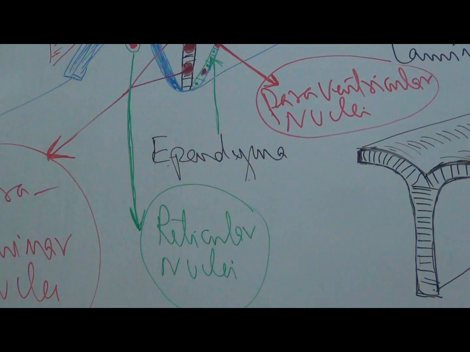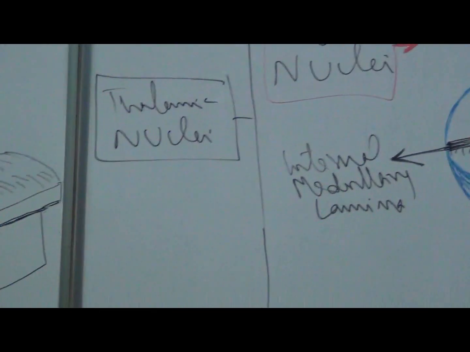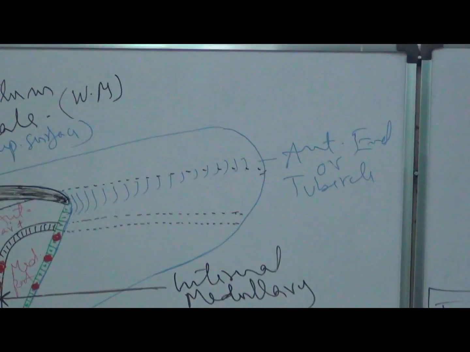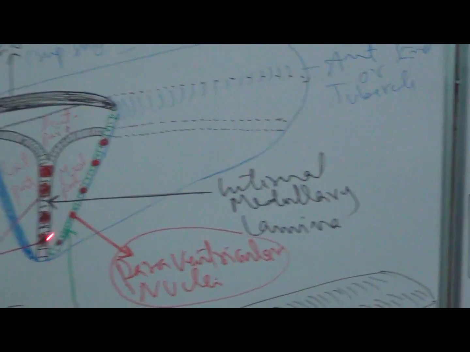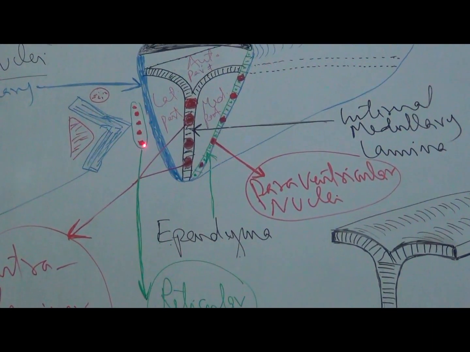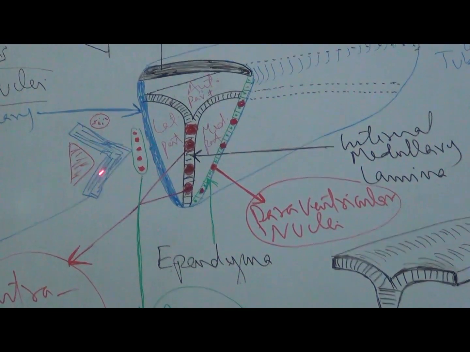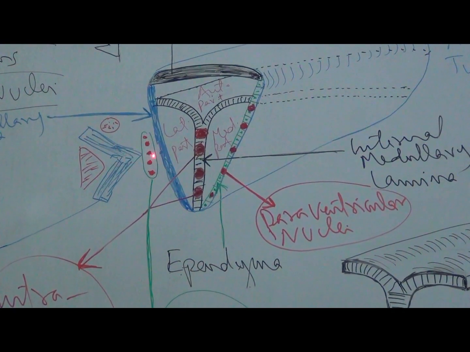So these were the minor nuclei: the paraventricular nuclei, then the intralaminar nuclei embedded in the internal medullary lamina, and reticular nuclei located between the external medullary lamina and the posterior limb of the internal capsule in the white matter of the cerebral hemisphere.